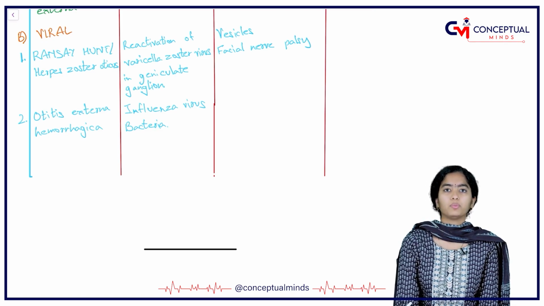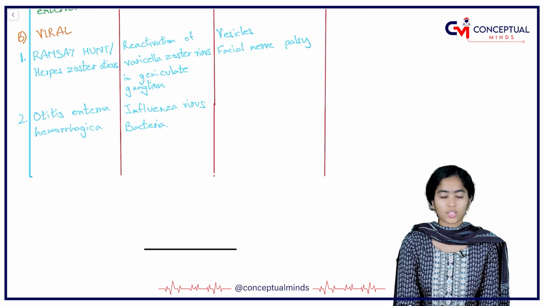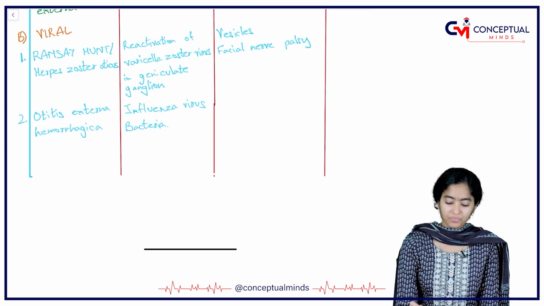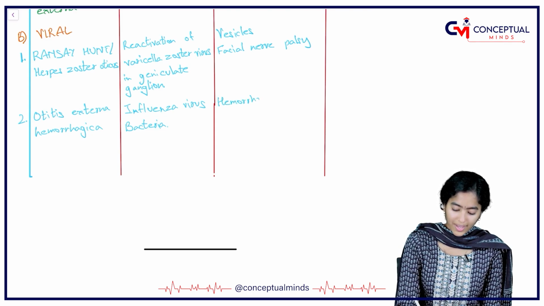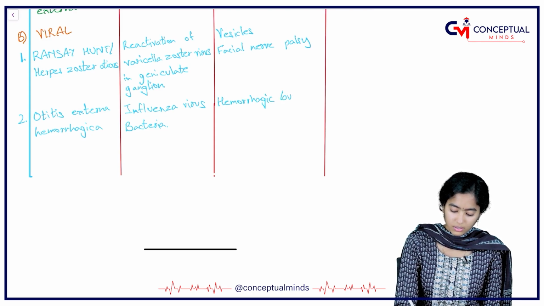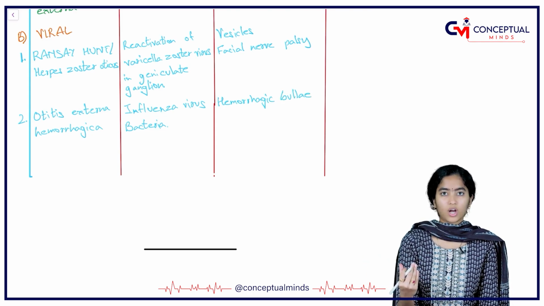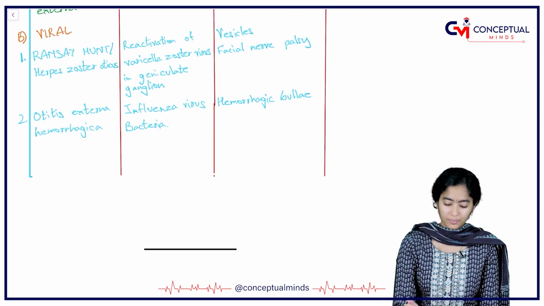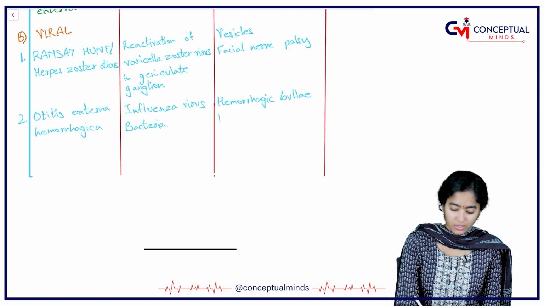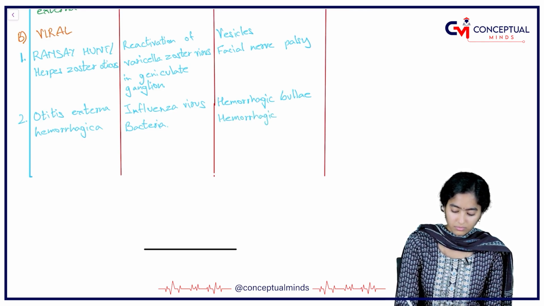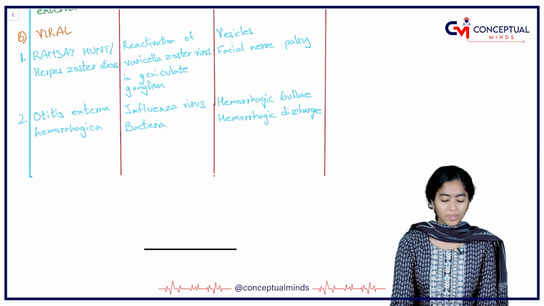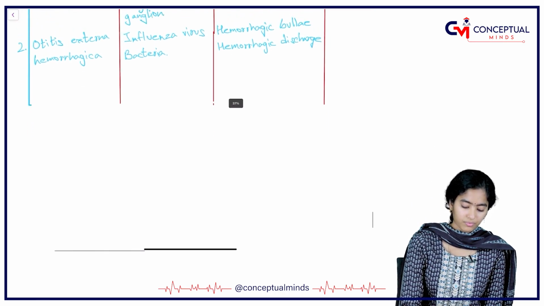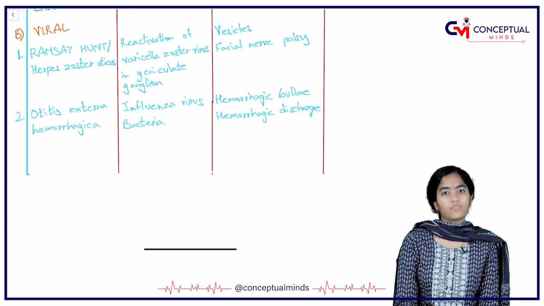Bacteria such as Mycoplasma pneumonia and Haemophilus influenza also cause otitis externa hemorrhagica. The clinical features are hemorrhagic blebs or bullae seen along the external auditory canal and also the tympanic membrane. Hemorrhagic discharge is also seen. Ear pain will anyhow be present. These are the two viral conditions.